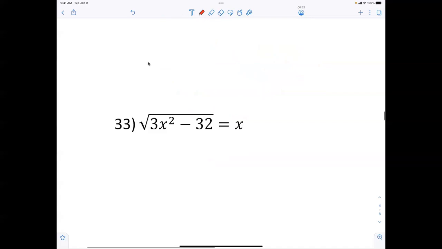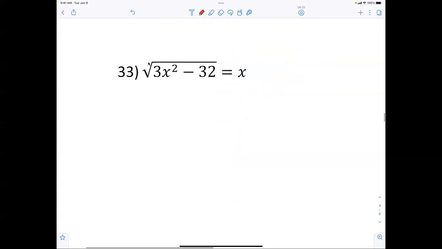All right, here we go. 33, let's have some more fun. What am I doing to both sides? Square both sides. Come on, we can do this. Square, square. 3x squared minus 32. Everybody agree with that?